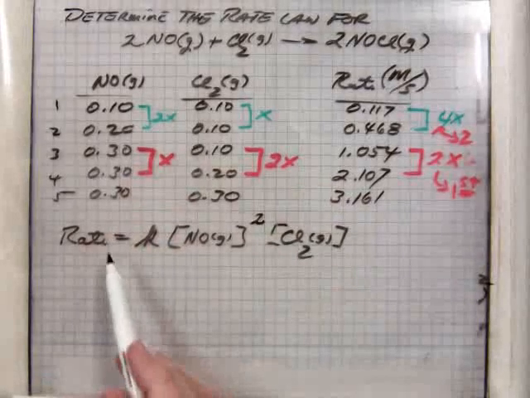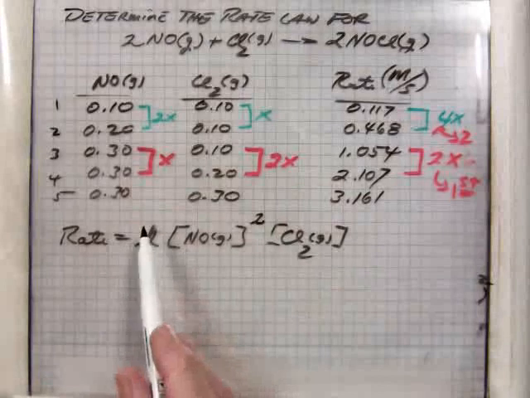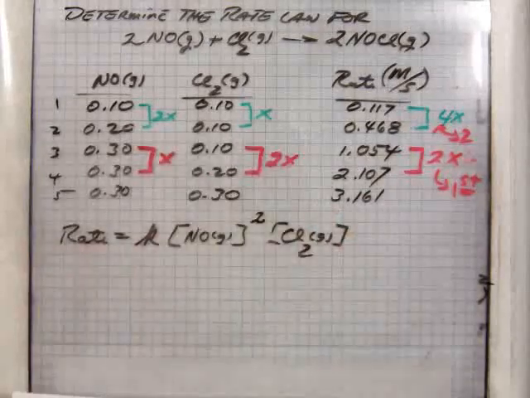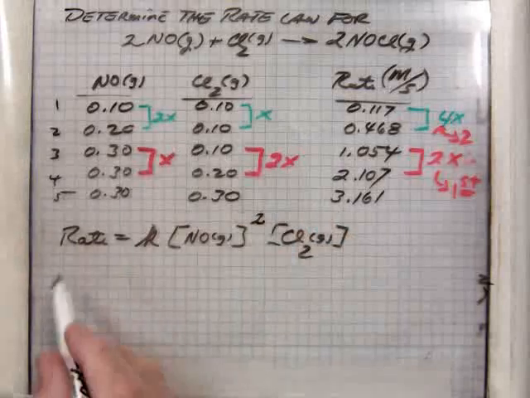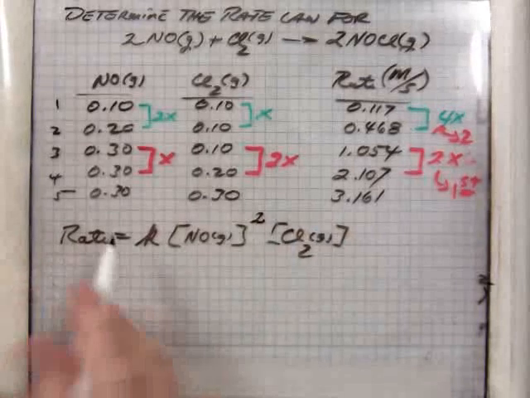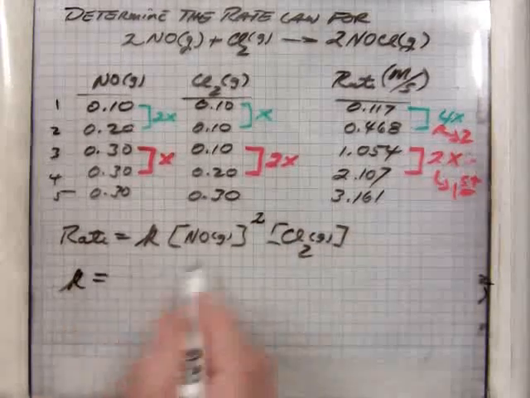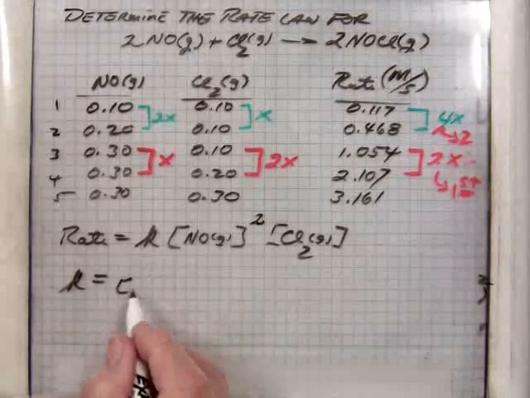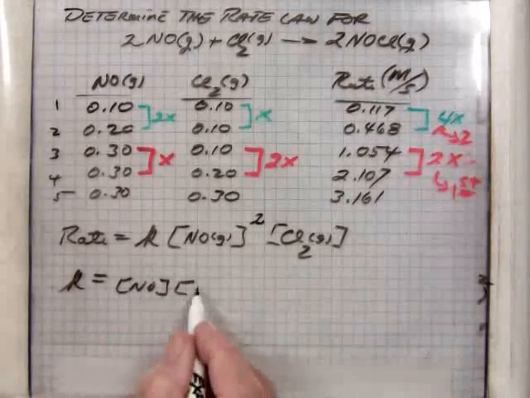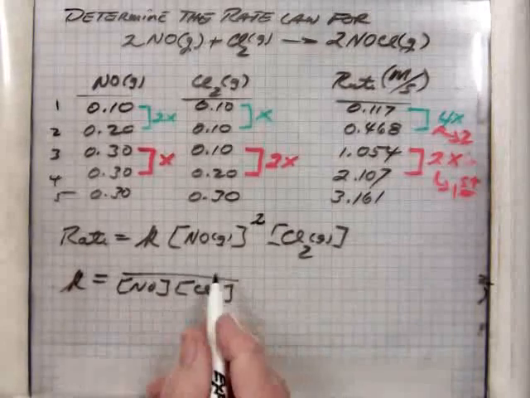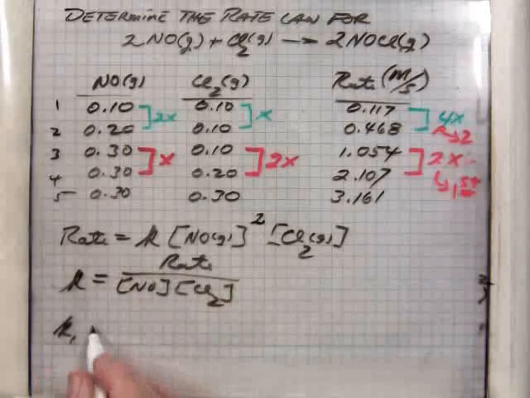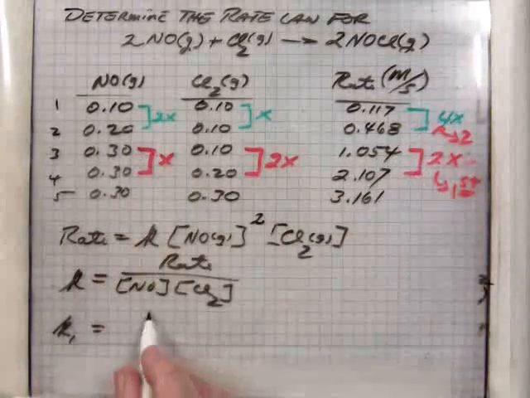Now, to get the rate constant, you could pick any one of the rows because a constant is going to be the same for any test row. So we solve for K and divide both sides by the concentration terms. We have nitrous oxide and chlorine into the rate. So we could take, say, K1, and rate is 117.